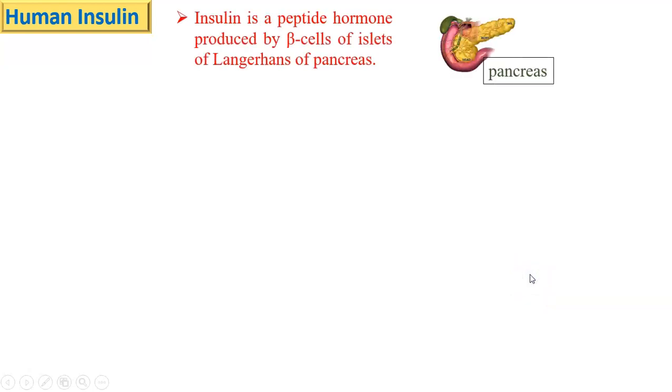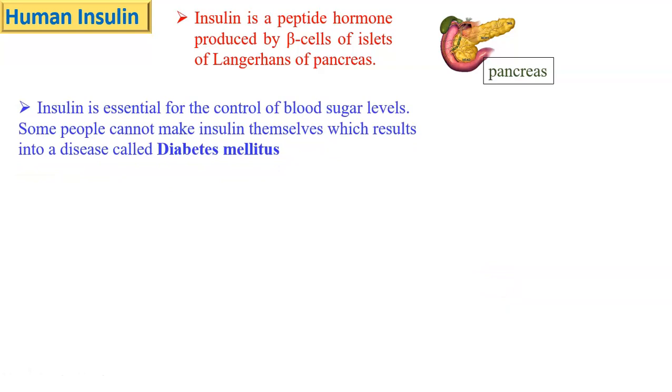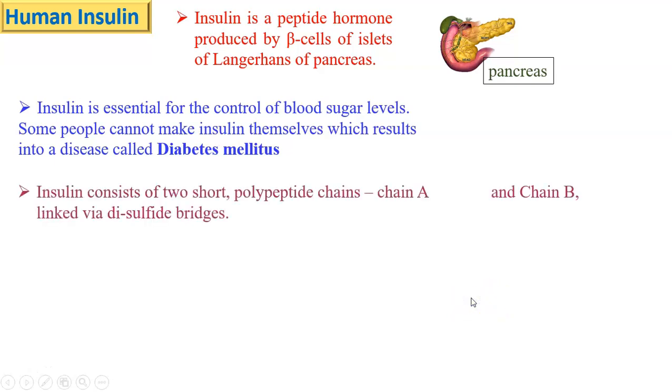Let us talk about another product of biotechnology, recombinant DNA technology, and that is human insulin or humulin. We all know that insulin is a hormone produced by the pancreas, the beta cells of islets of Langerhans. Insulin is necessary for controlling the blood sugar level, but some people cannot make insulin themselves, and that results in suffering from a disease, diabetes mellitus.